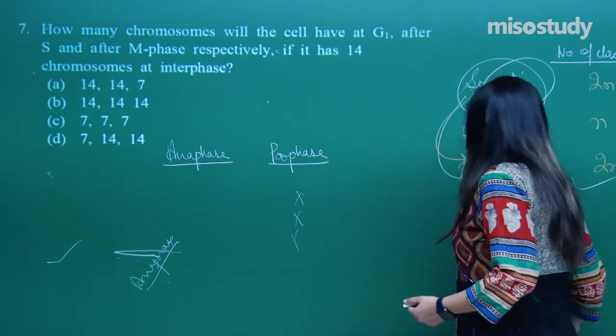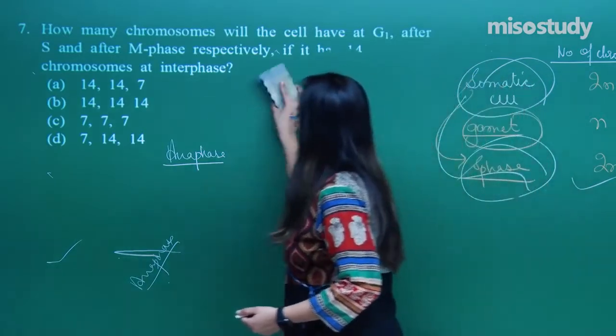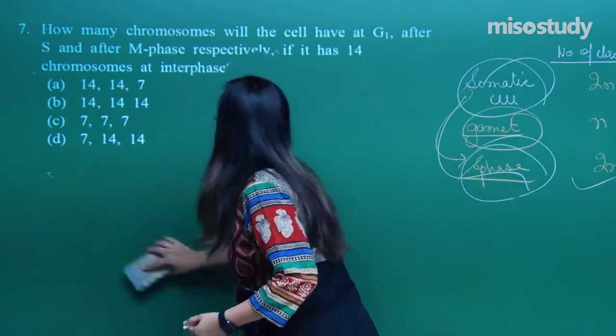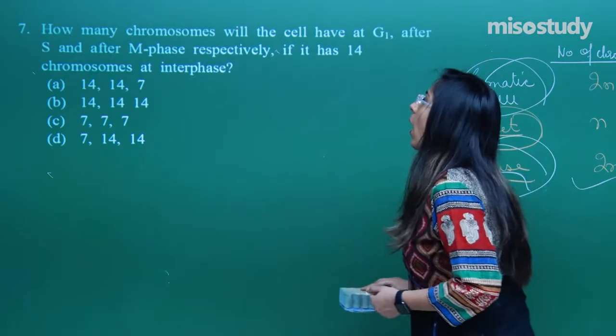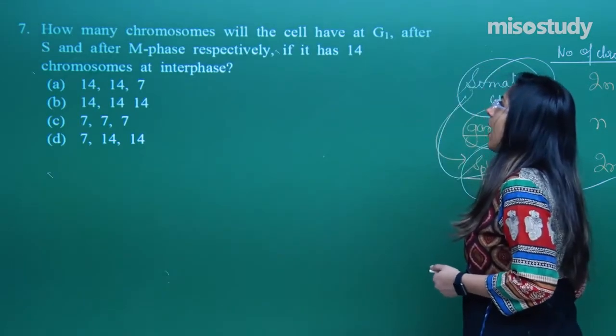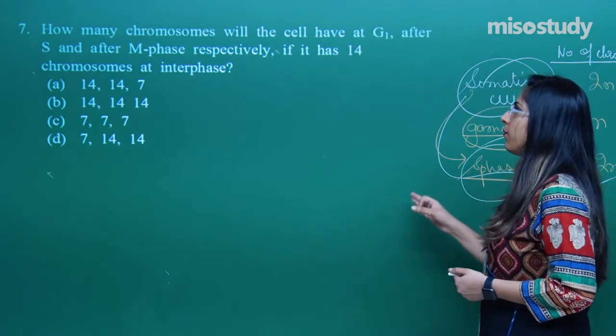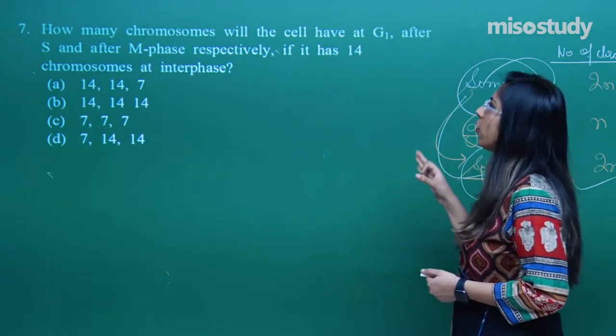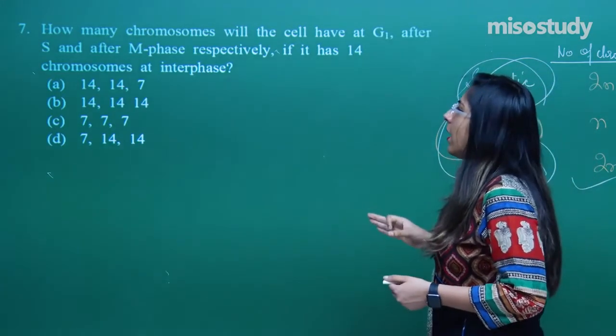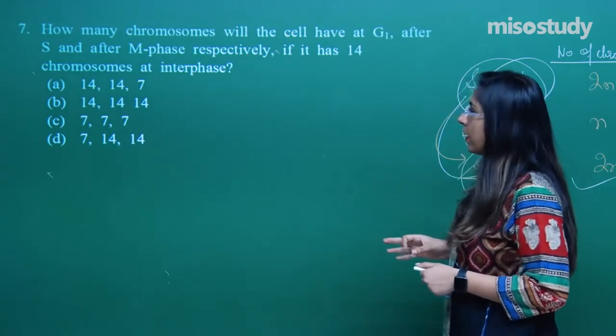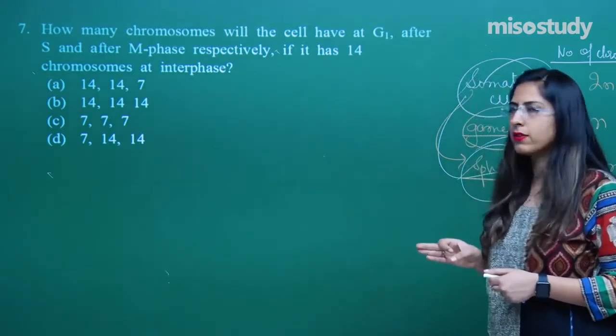Let's look at the next question. How many chromosomes will the cell have at G1, after S phase and after M phase, if it has 14 chromosomes at interphase? That means they are discussing mitosis.